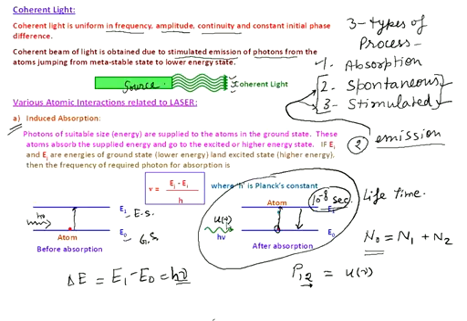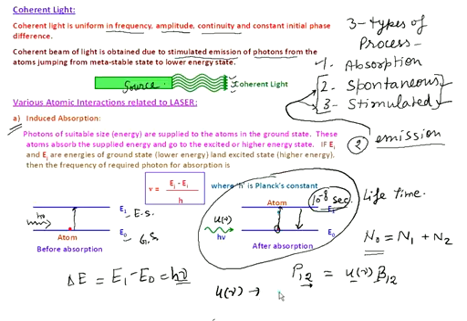If you increase the density, obviously a large number of atoms will absorb the energy and go into the excited state. The second factor comes through the Einstein coefficient, that is B12. Here B12 is the Einstein coefficient and u nu is the density of radiation.